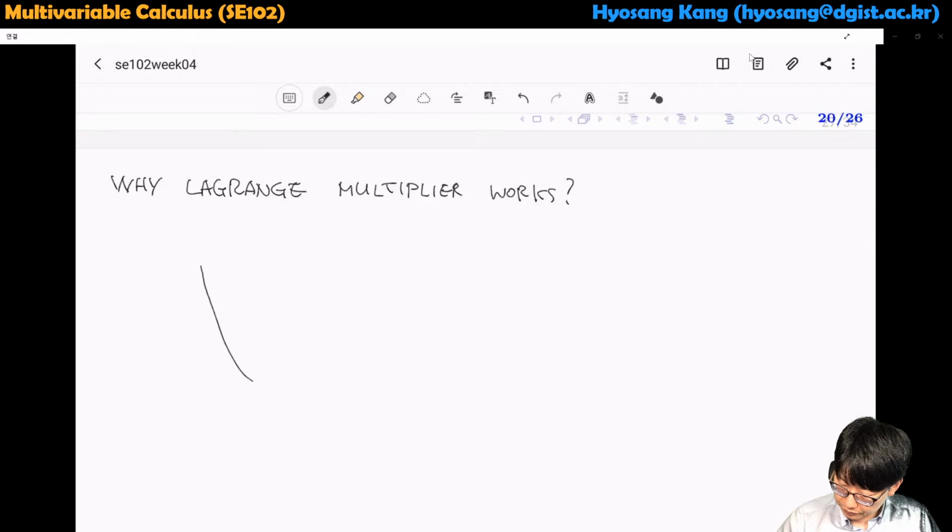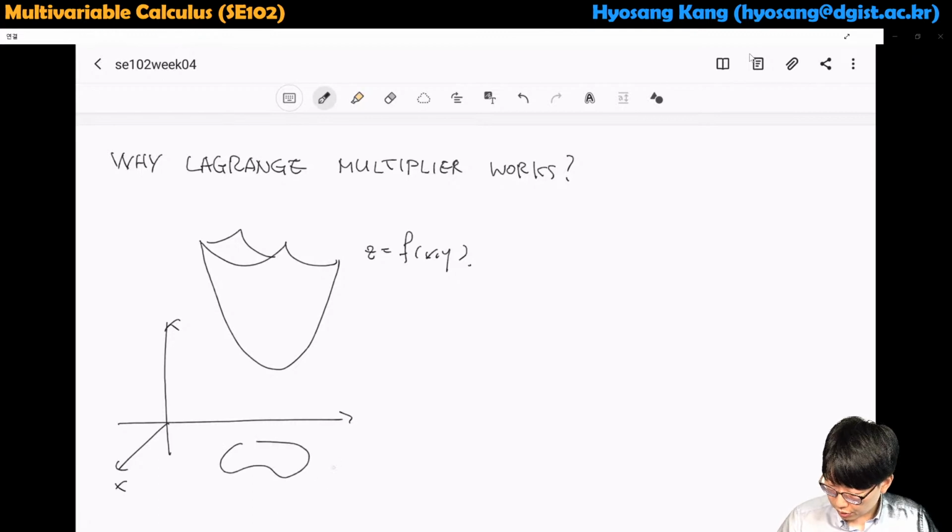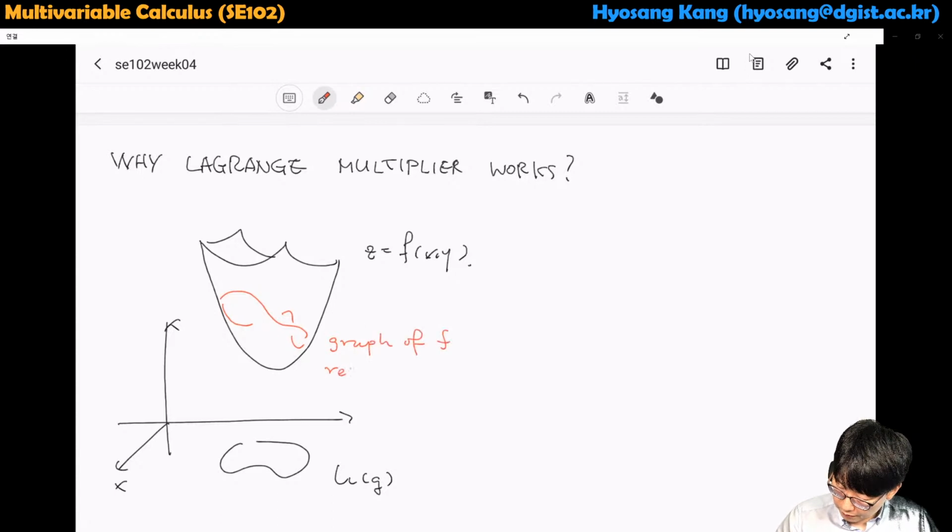Let's say I have a graph of the function z equals f(x, y), and in the xy plane down below we have the restriction, which is the level set of G. On here I will have some kind of graph of f restricted on this level set of G.